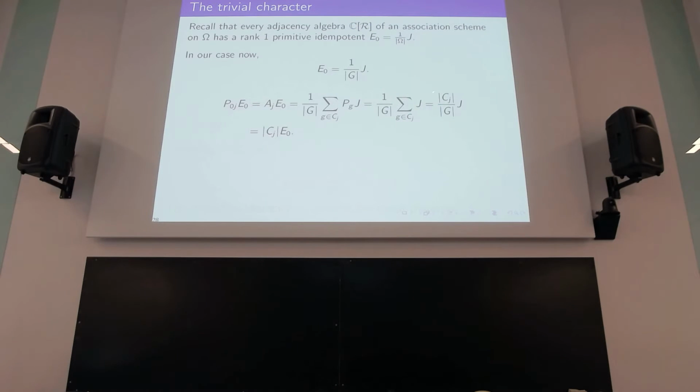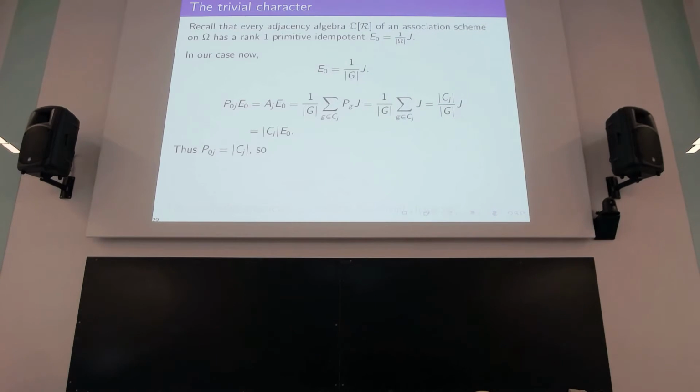So you are summing J over the conjugacy class, so that they are all the same, so you have this many J's. And J divided by the size of G is E_0, so you get this one. So comparing these two, this P_0j, this one entry of the eigenmatrix, turns out to be the size of the conjugacy class.